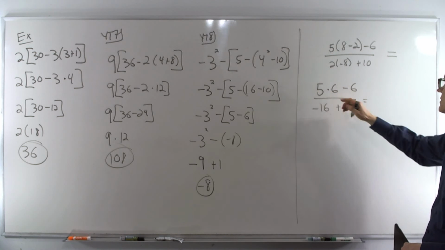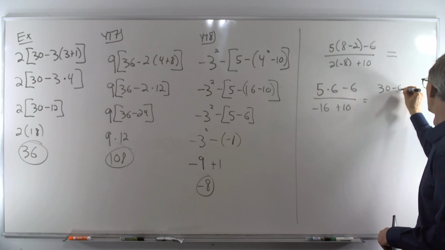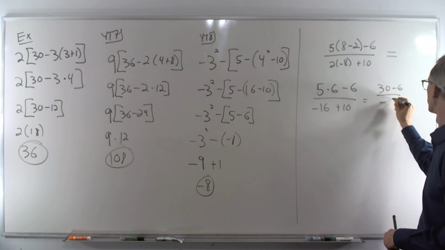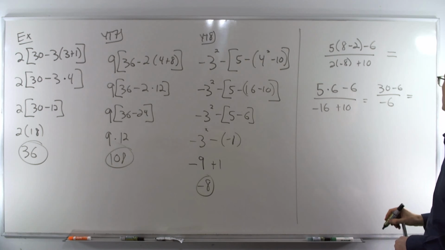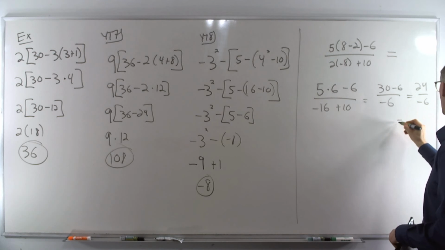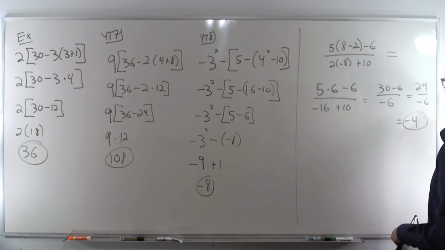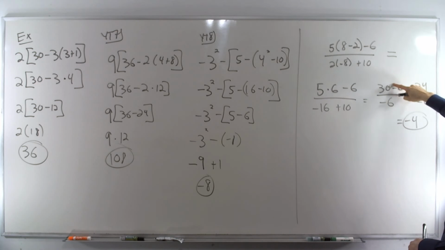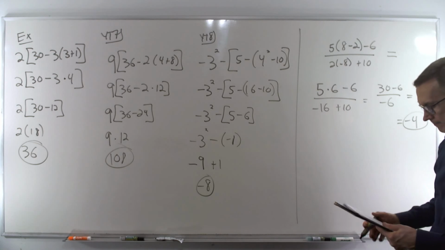So on top, that gives us 30 minus 6 and negative 6 on the bottom. 30 minus 6 is 24. And once we evaluate this, now we're down to a single number on the top, single number on the bottom. Then we divide to get negative 4.